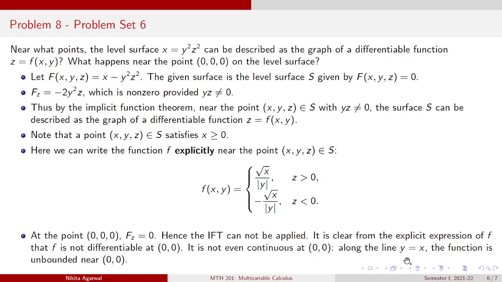It is clear from the explicit expression of f that f is not differentiable at (0, 0). So you can check that this function that we have defined here is not differentiable at (0, 0). It is not even continuous at (0, 0), because if you walk along the line y equal to x, then the function is unbounded near (0, 0).